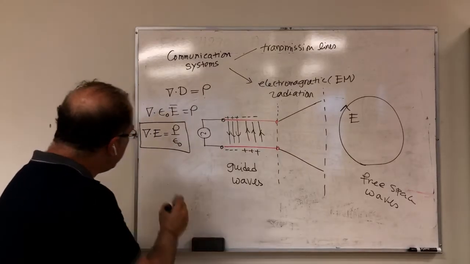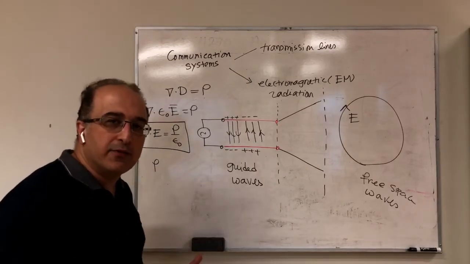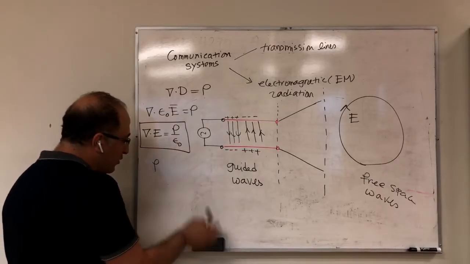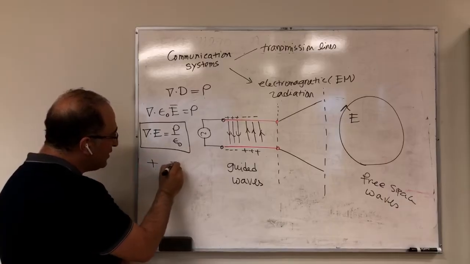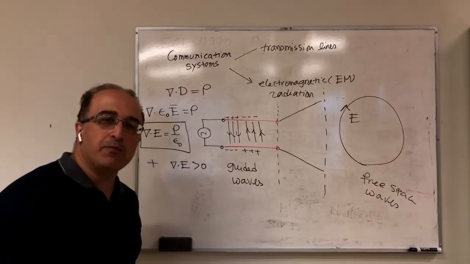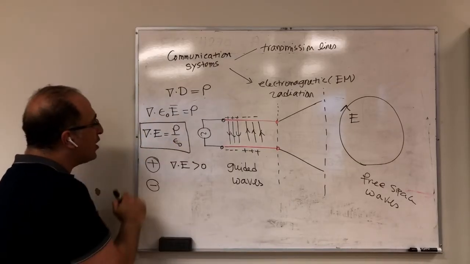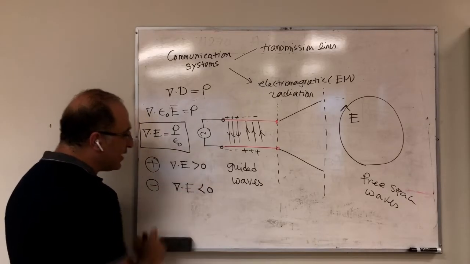It tells you that if you have a positive charge density, so rho is for positive charges, then of course divergence of E is greater than 0. If we are dealing with negative charges, rho becomes negative, and divergence of E becomes smaller than 0.